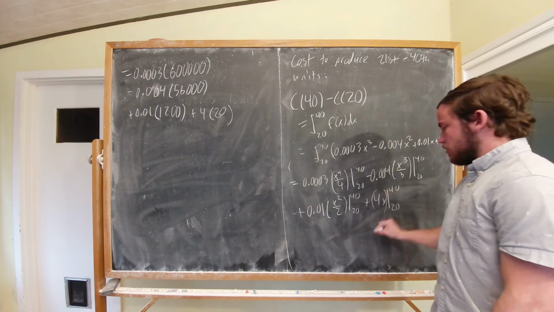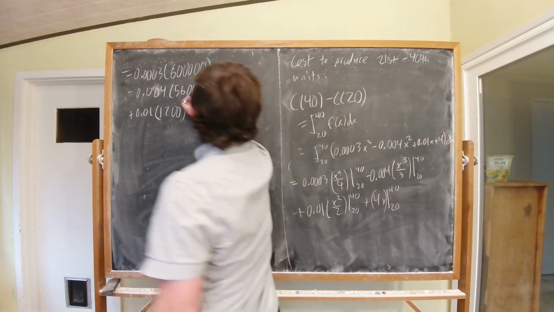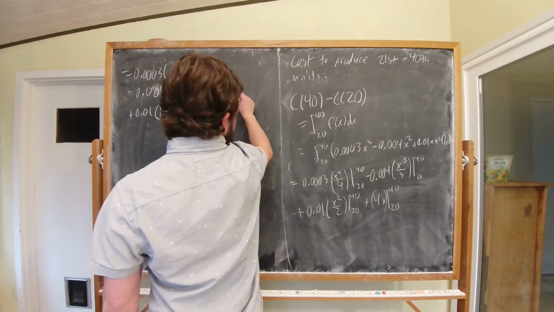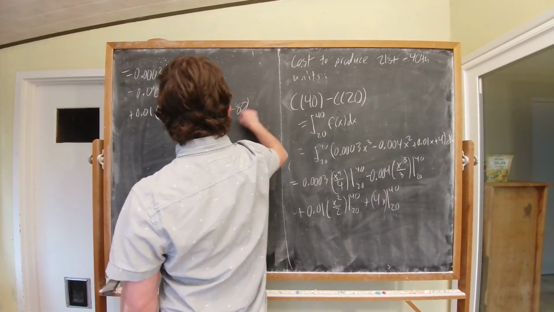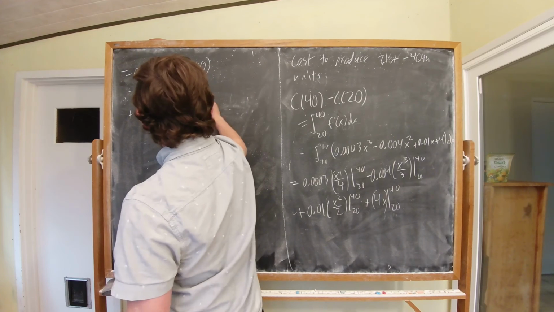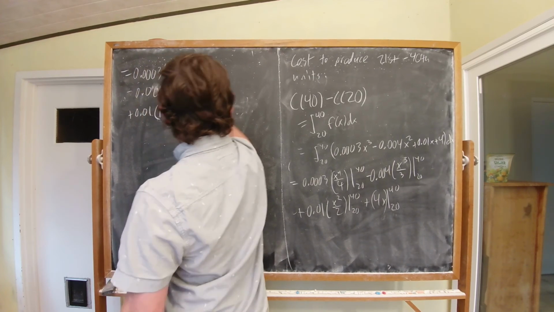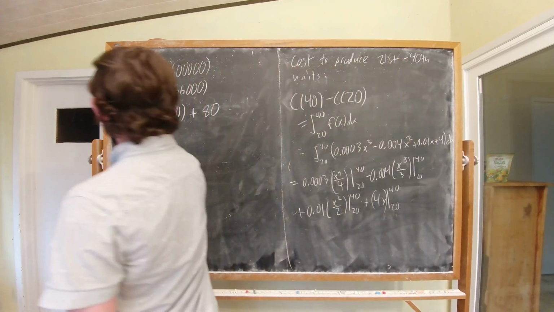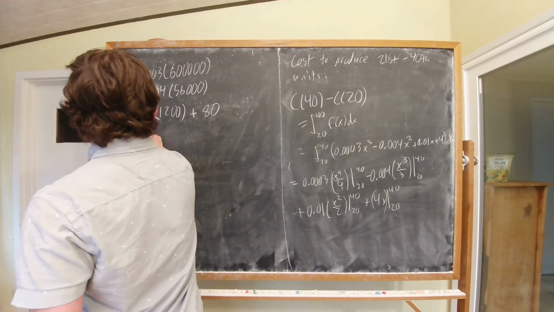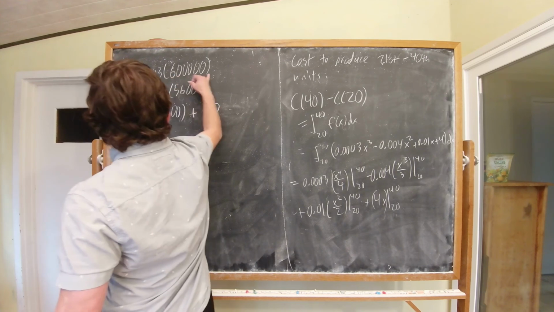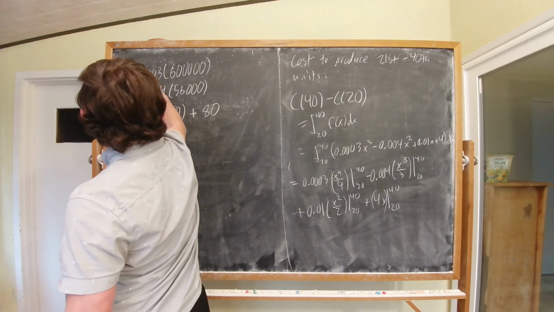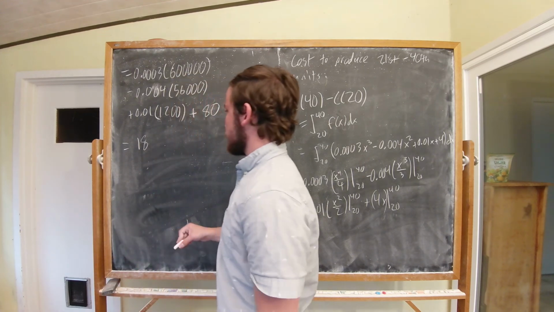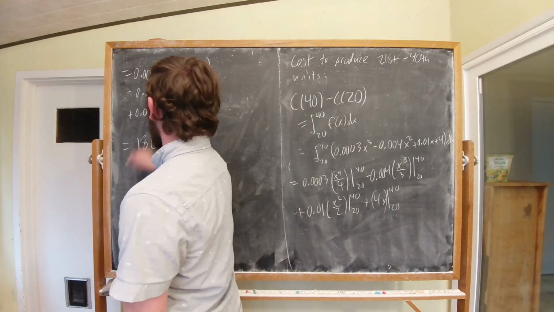Technically, we have parentheses like this, so it would really be 160 minus 80, and that would just straight up give you 80 to begin with. Alright, and now if we simplify these numbers, this will give you 180.